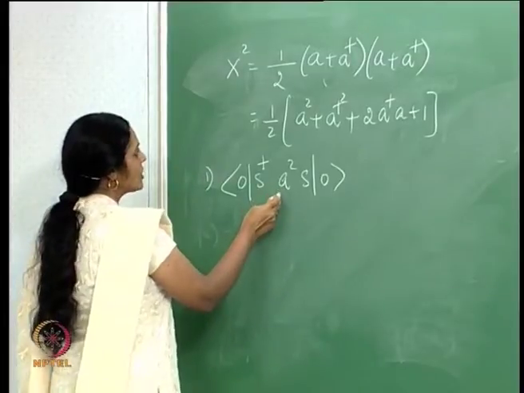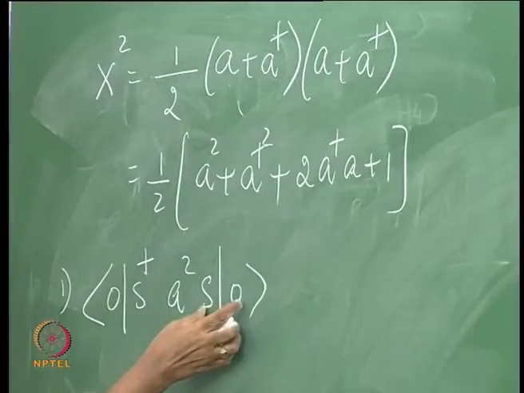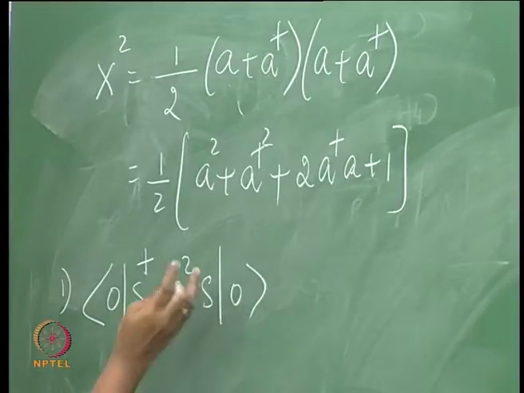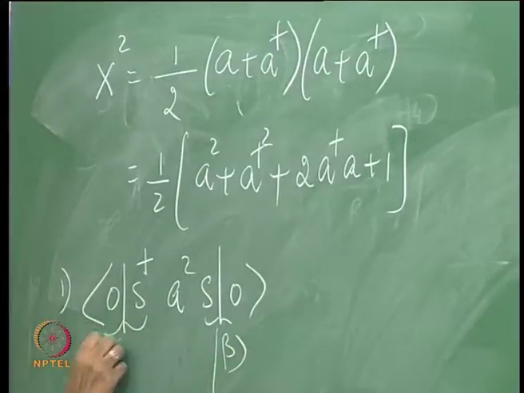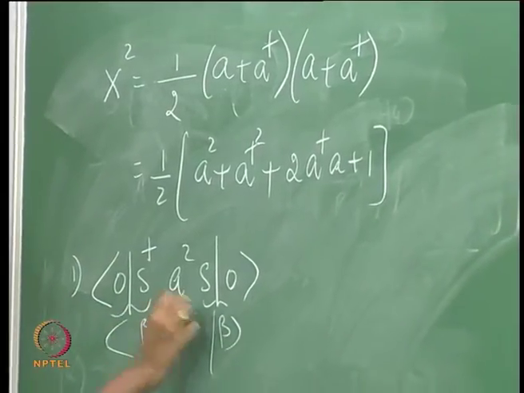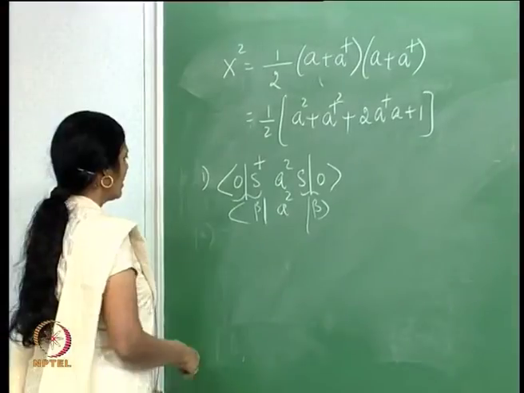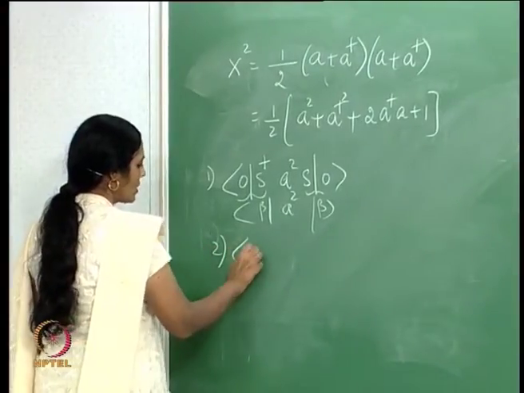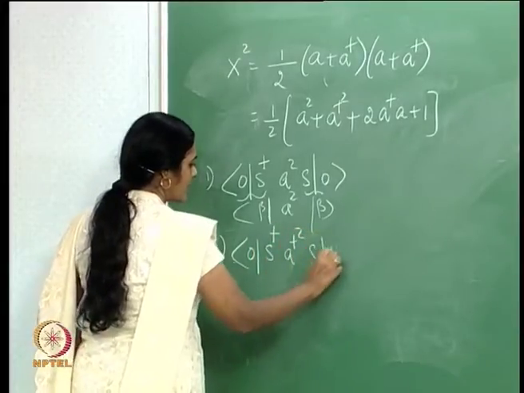We need to find out the expectation value of a squared when it is sandwiched between ket beta and bra beta. This is something we need to find out. Similarly, we need to find out 0 S dagger a dagger squared S 0.